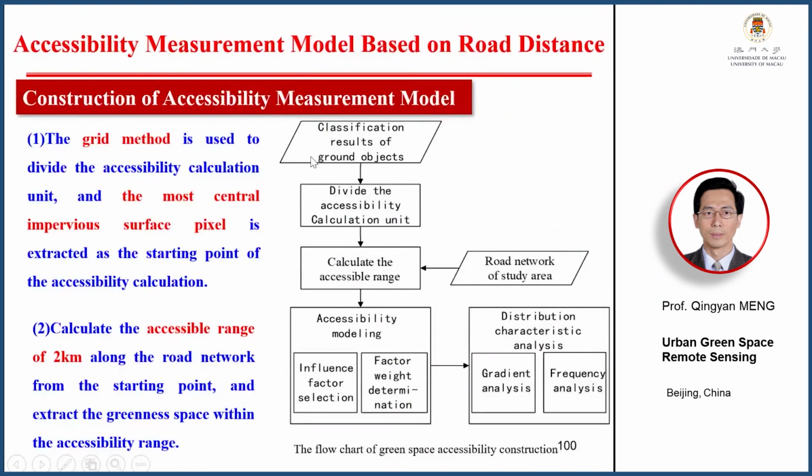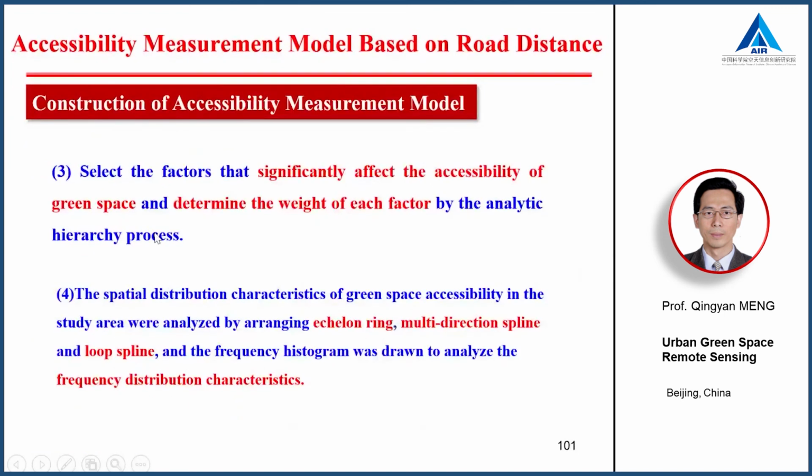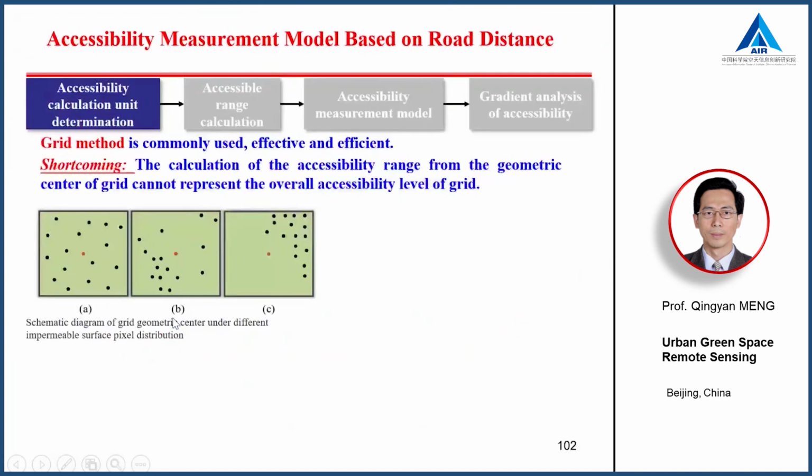This is using the grid method to divide the accessibility calculation unit and calculate the accessibility range based on the road network. And then we develop the accessibility model, okay, and to see the distribution characteristics. Okay, these are the procedures.